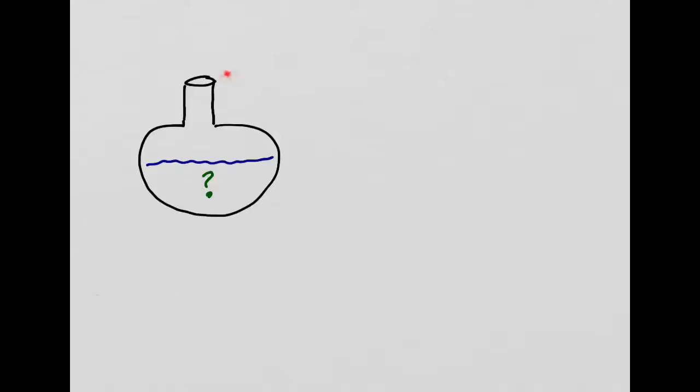Luckily there is a technique, an instrument, called mass spectroscopy. Mass spec is an instrument. You put your solution in the instrument, and what the instrument gives you is percent elemental composition.